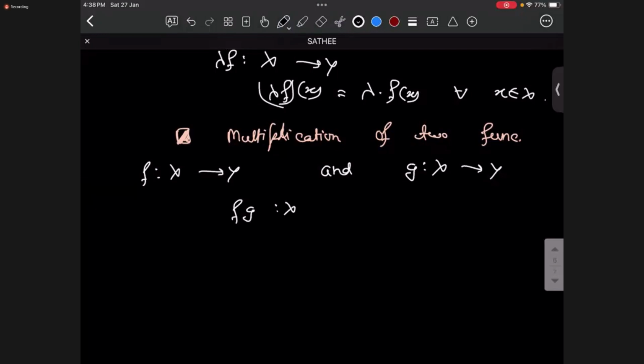The function fg from X to Y is defined by (fg)(x) equals f(x) times g(x) for all x belonging to capital X. Thus we can define multiplication of two real functions.